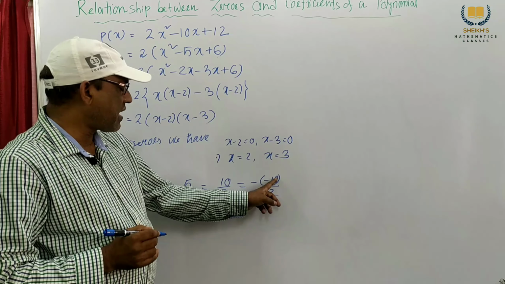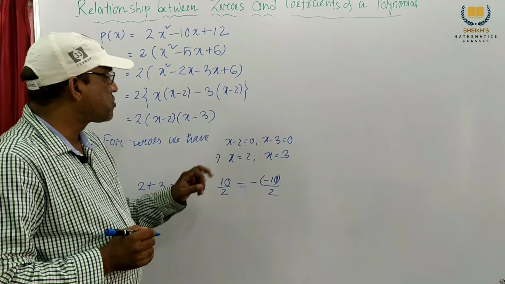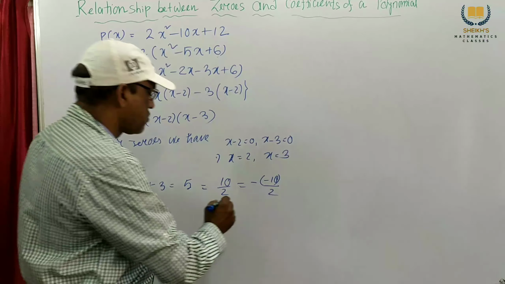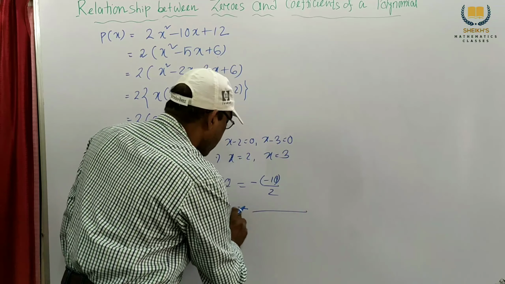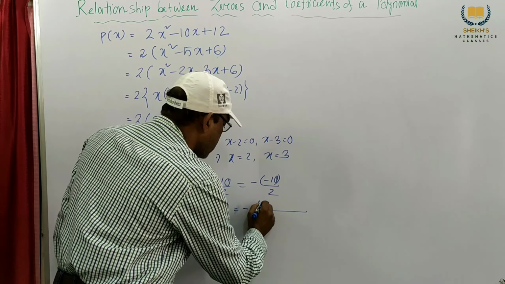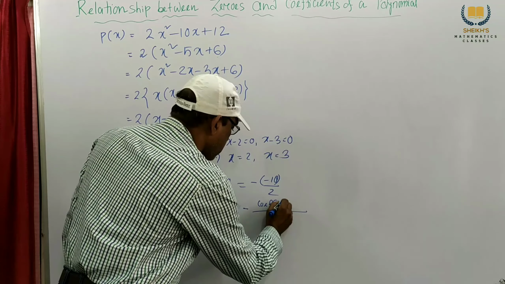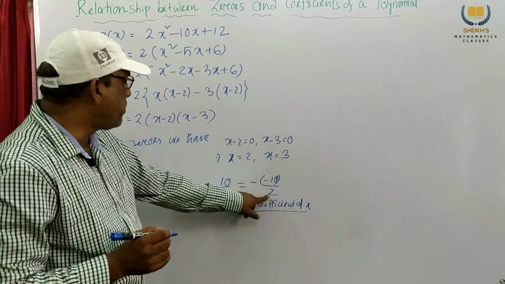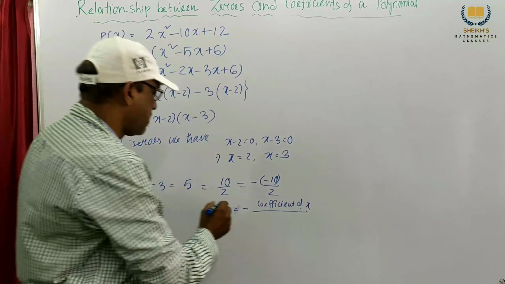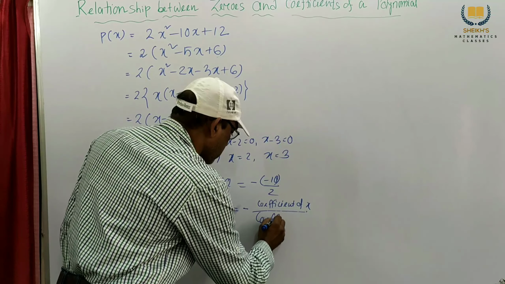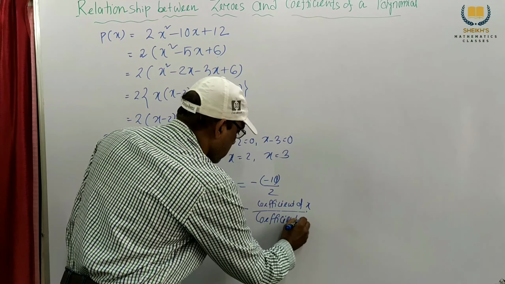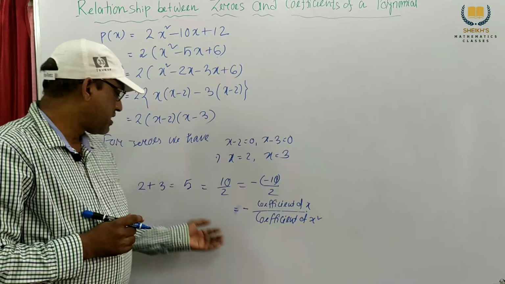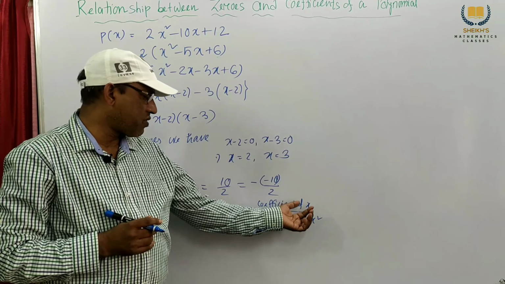Minus 10 is the coefficient of x, and 2 is the coefficient of x². So we get one relation: sum of the zeros equals minus coefficient of x by coefficient of x².